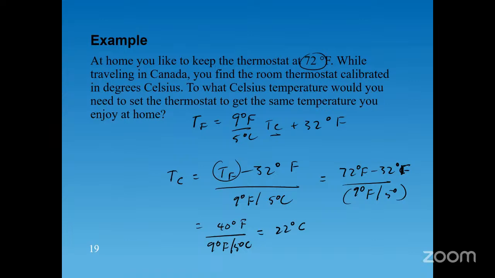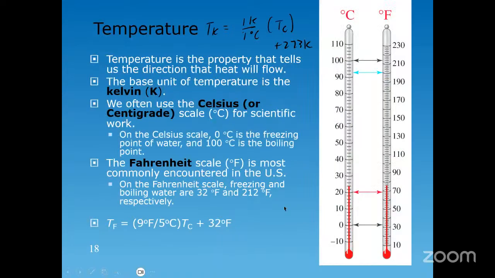That's the most convenient way for me. So you take the 40, divided by open parentheses, 9 divided by 5, closed parentheses, and then equal. And that gives you the answer. Okay, any other questions about this one? All right, let's see what's next.